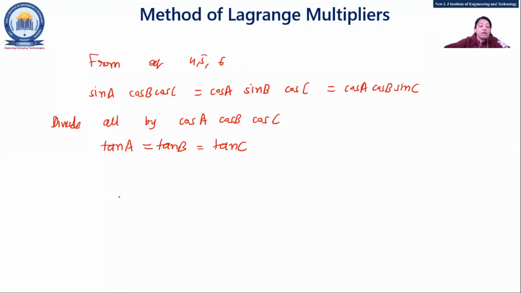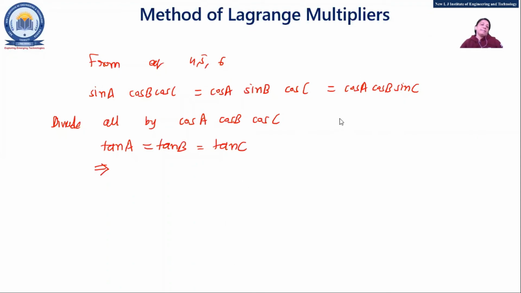Fine. Now what can we write here? The value of A, B and C from this. There is tan A equal to tan B equal to tan C. A, B and C are angles. Fine. What should be the relation between A, B and C?